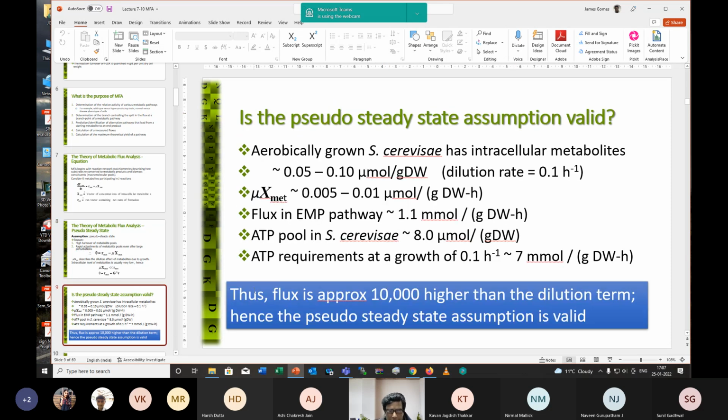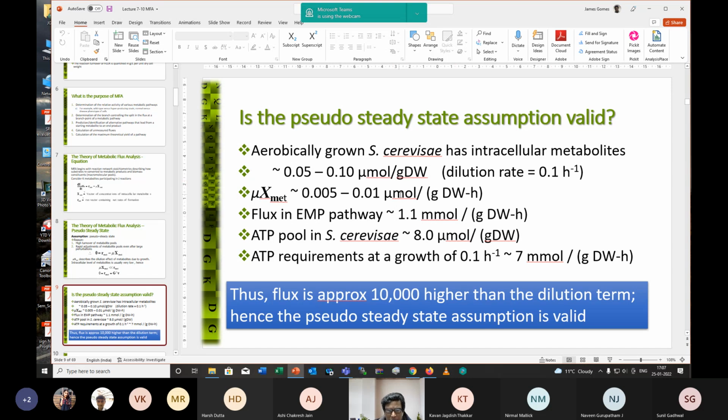All right. Now, to show that this pseudo steady state is valid, I wanted to show you the values here. For example, in yeast cells, S. cerevisiae, the intracellular metabolic pools are of the order of 0.05 to 1.1 micromoles per gram dry weight, and the dilution rate is about 0.1 per hour.